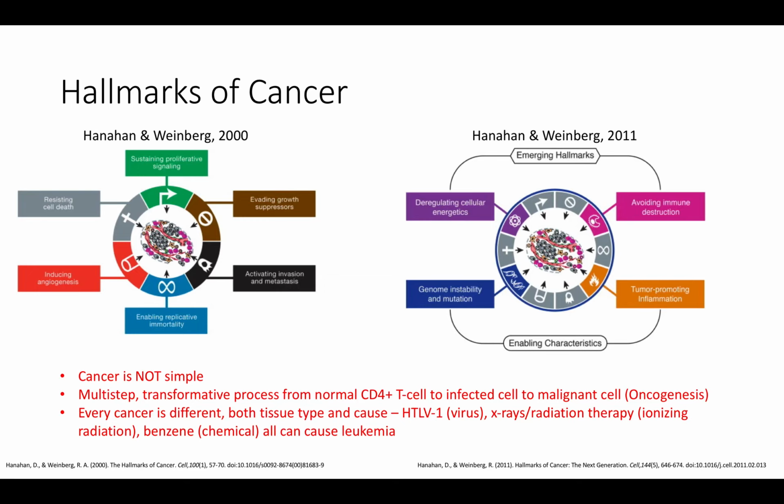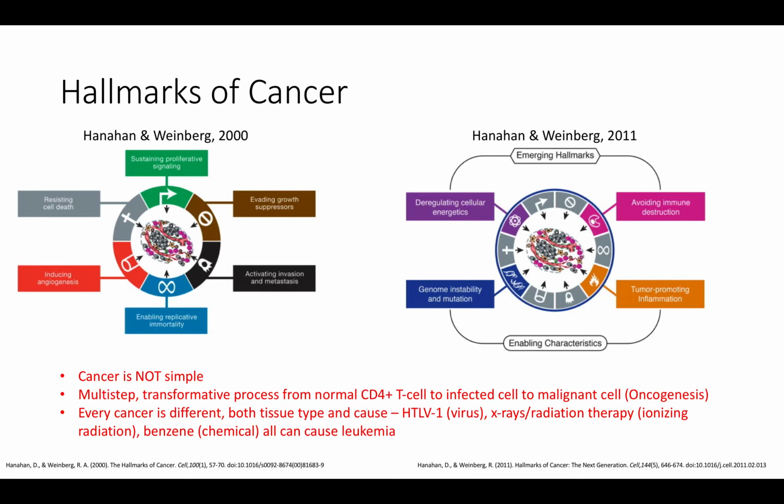Cellular proliferation, growth, the things that both inhibit growth, whether cells will invade and metastasize, with how they'll stick together, how cells will replicate, whether cells will go into apoptosis, cell death, angiogenesis, and this is when the cancer induces the formation of new blood vessels to kind of sustain the rapid malignant growth.